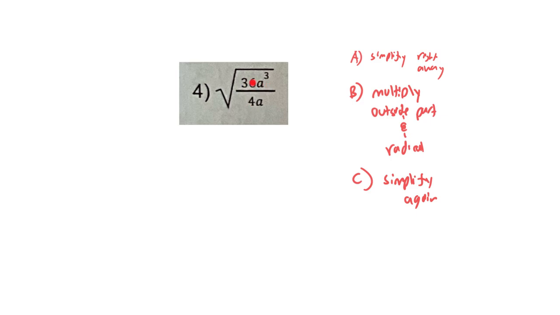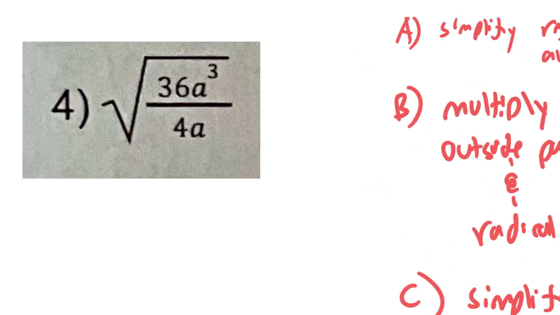So we could sort of simplify this situation that's under the radical, because the reality is that 36 over 4, I mean, that's really just 9, right? And that's just a 1. And I think my student watching knows that there are sort of a string of 3 A's being multiplied across the top. There's only one A down here.